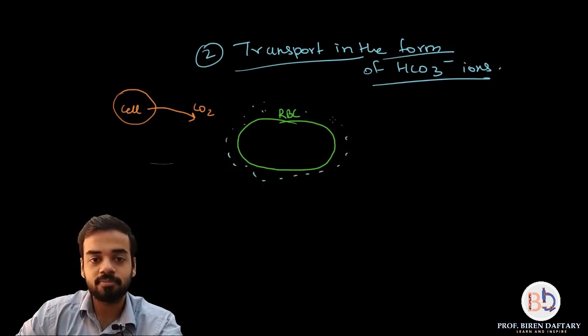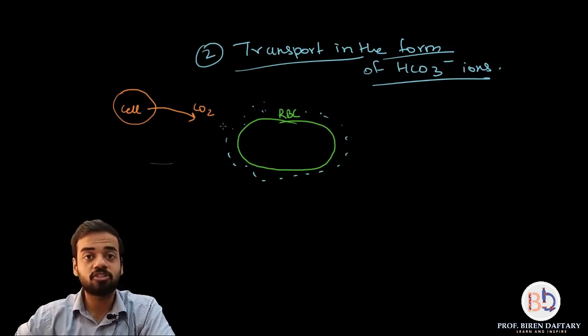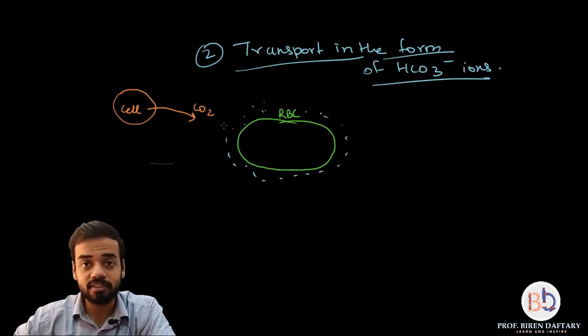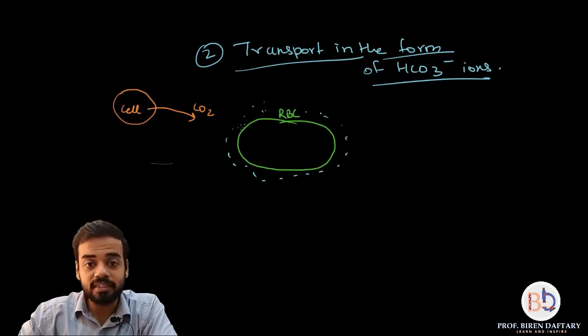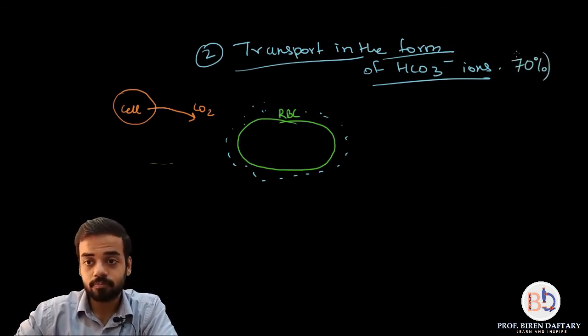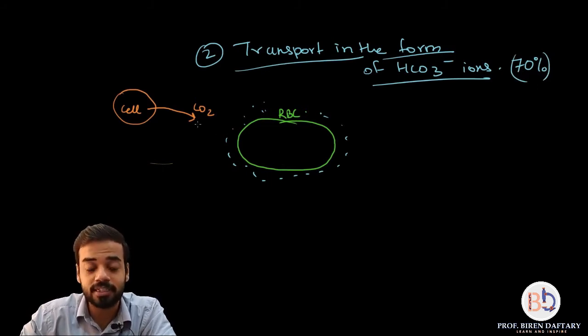Now what happens in this method is, this carbon dioxide which is released by the cell doesn't dissolve in the plasma. That we have already seen. Most of the carbon dioxide goes inside the RBC. Almost 70% of the carbon dioxide enters the RBC, so it diffuses into the RBC.